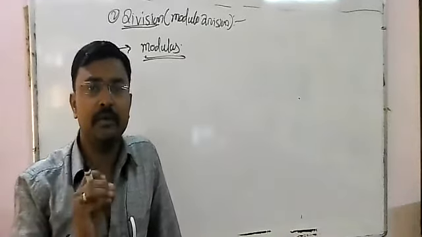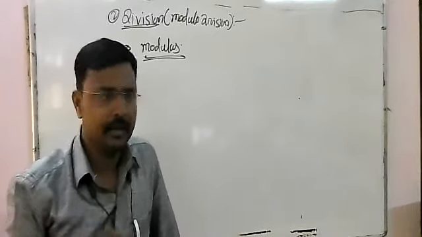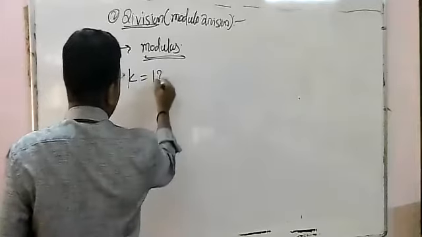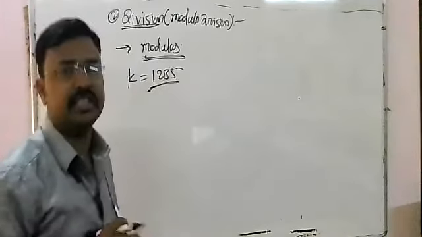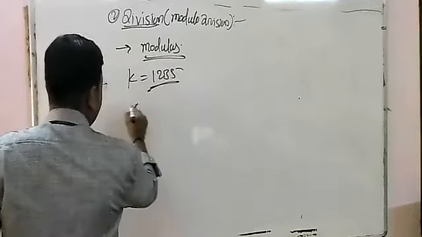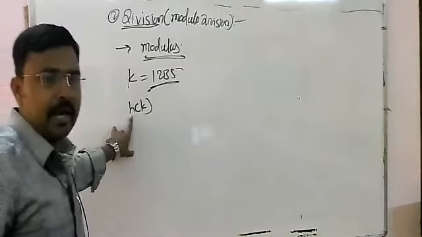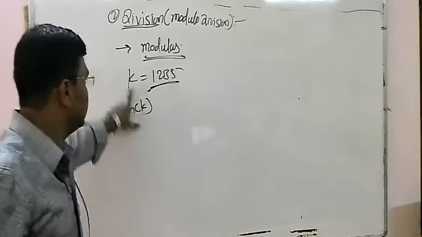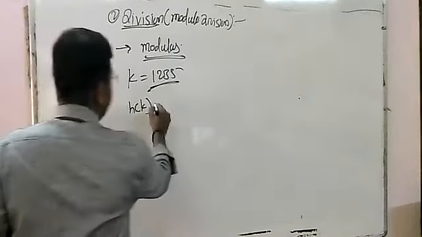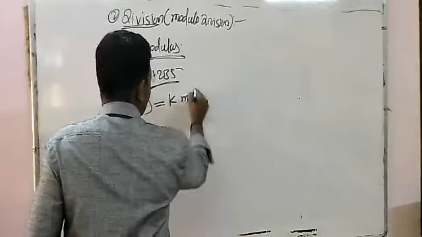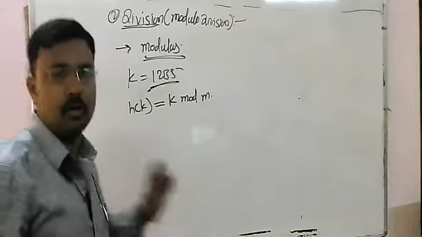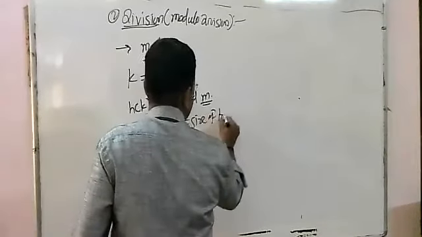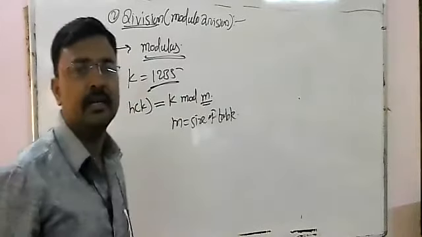And how do we calculate this remainder? For example, if your key has a value like this, 1 2 3 5, then h of k, meaning the hash value for k, where h stands for hash and k stands for key, is calculated by using the formula k mod m, where m is the size of the table.